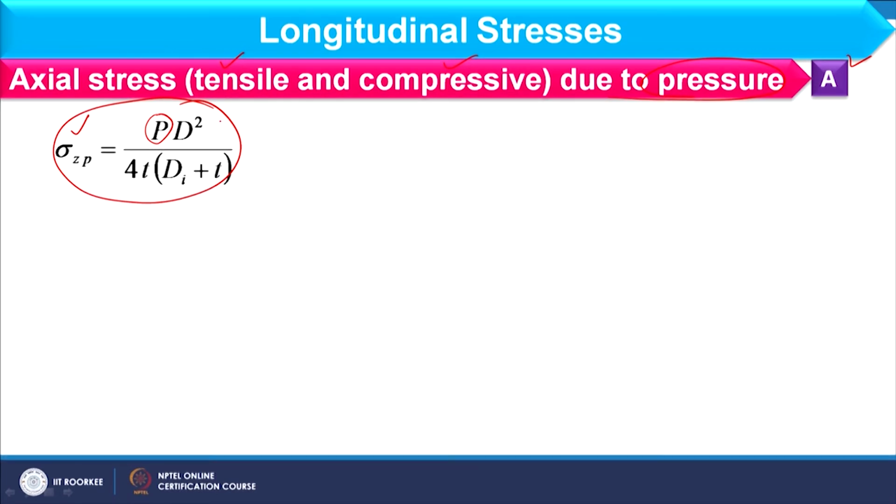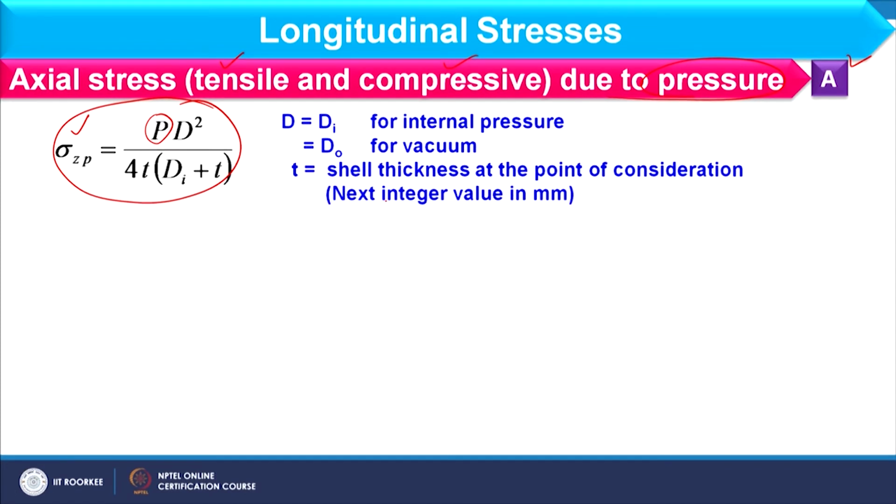Here P is the design pressure, D is d_i for internal pressure and d_o for vacuum. T is the shell thickness, and d is the internal diameter plus T. How can you obtain that T, considering the usual expression for a pressure vessel?